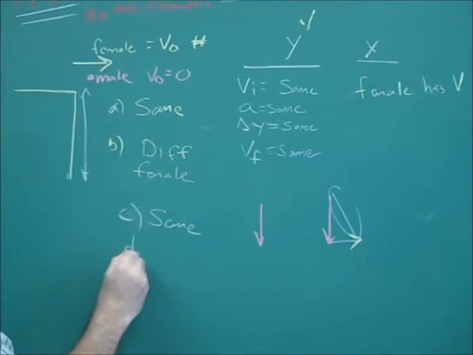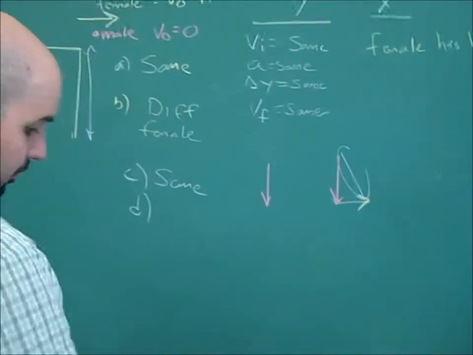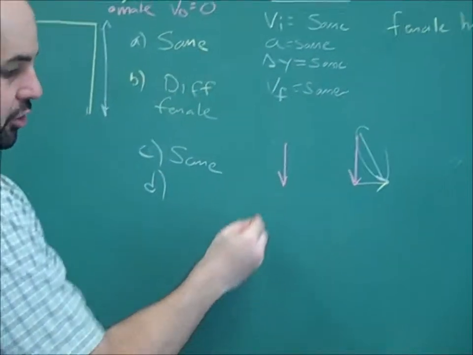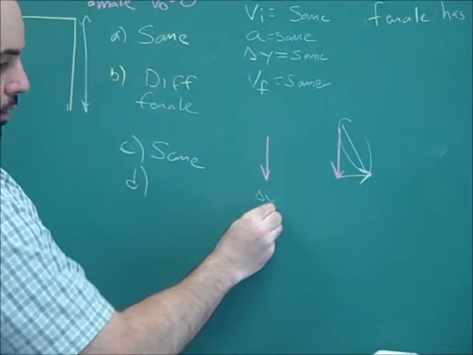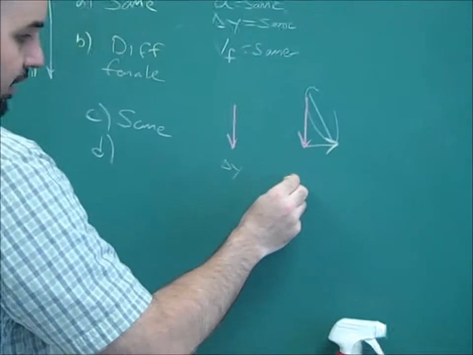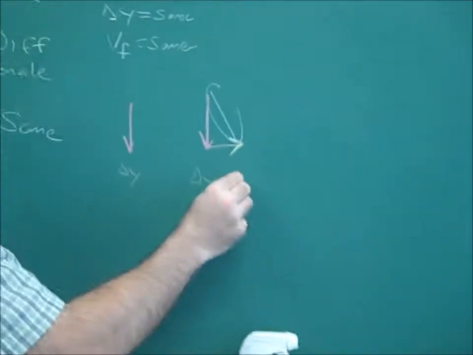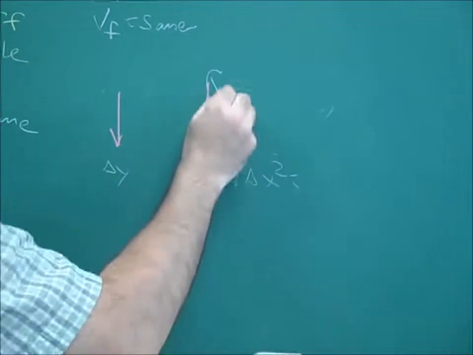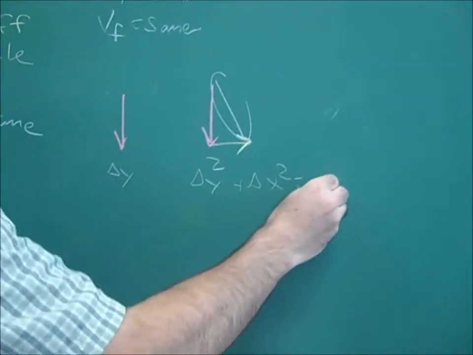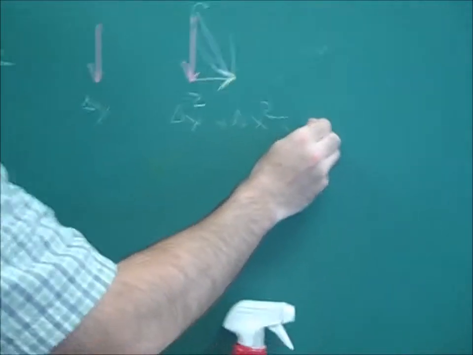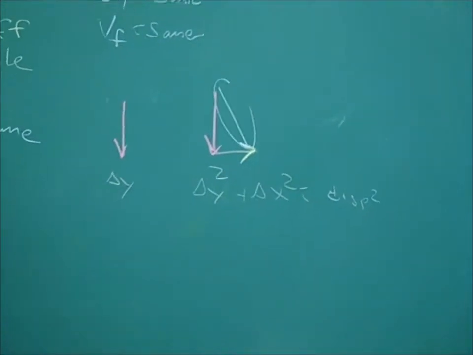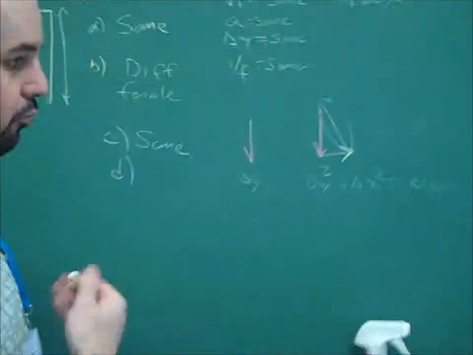Letter D is the overall displacement. We use the same picture. The male's overall displacement is just the y. The female's is that y and x resultant. In order to find that result, you must use the Pythagorean theorem, since to find the result from something at an angle, you must use the x and y parts.